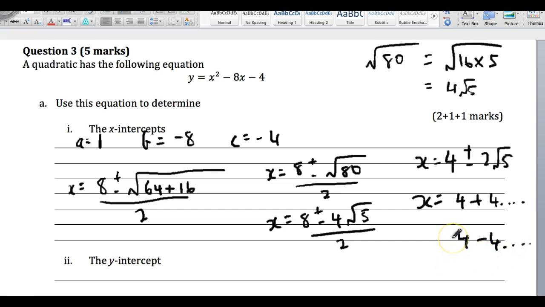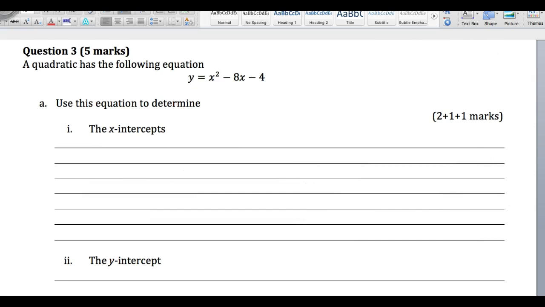It just helps us when we actually do our graphing to see what it's supposed to look like. So we're around just above 8 and just below 0.